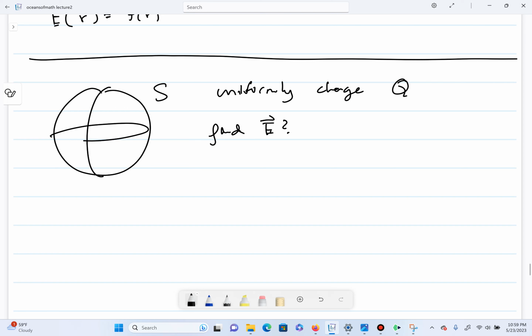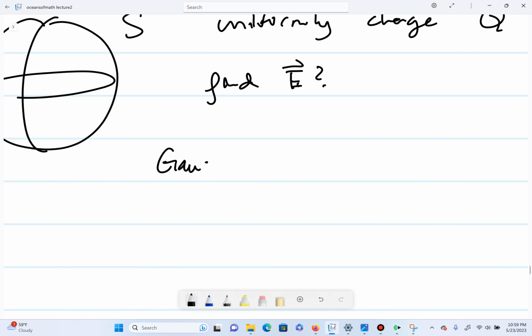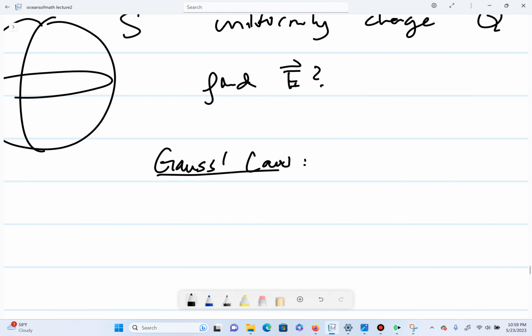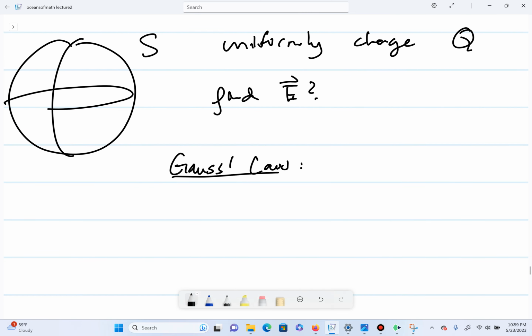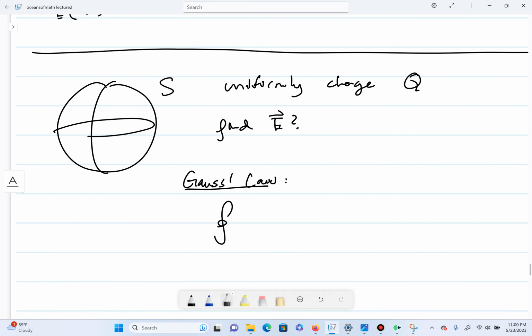It's called Gauss's law. And Gauss's law is built to exploit symmetry like this. So let's recall Gauss's law, which tells us that if I take a closed Gaussian surface, so say I take any surface, it doesn't have to be a surface that's charged, it's an imaginary surface inside of my three-dimensional space. So if I really wanted to, I could take an imaginary box around this sphere.